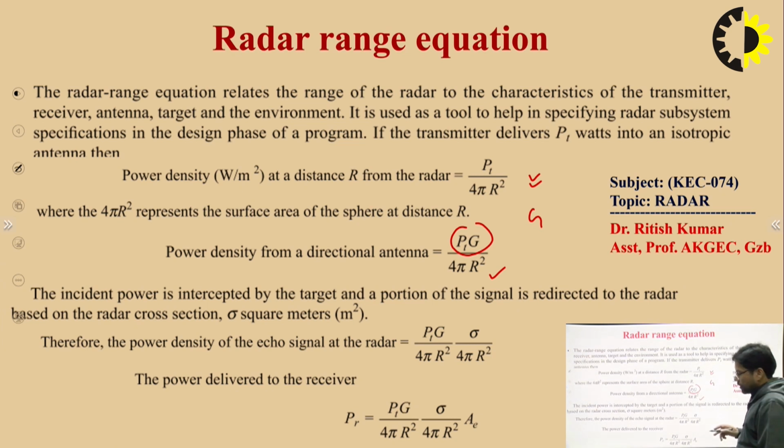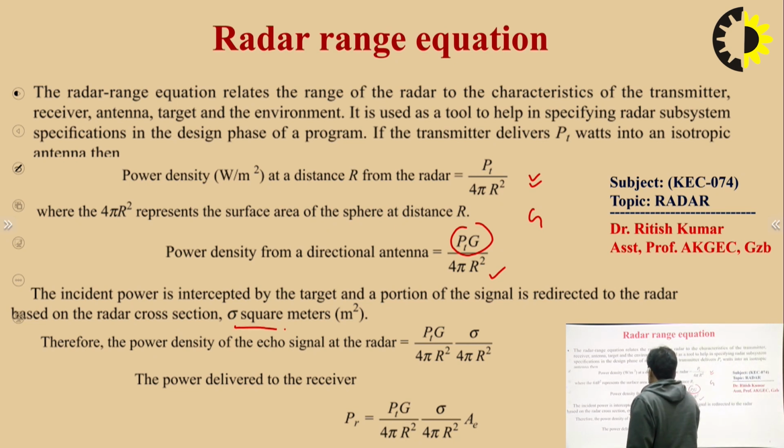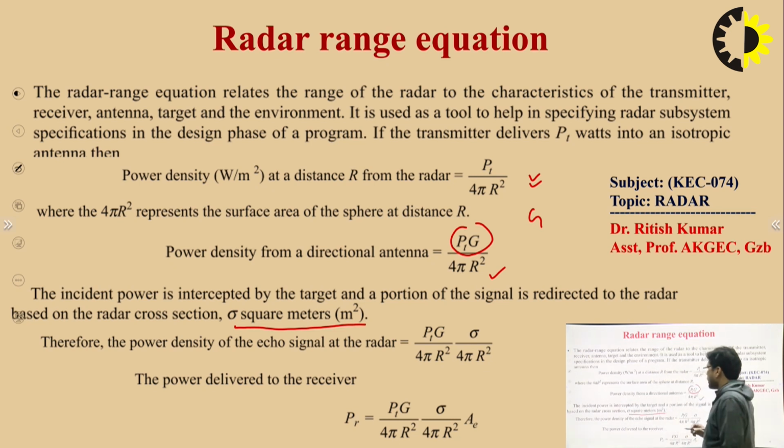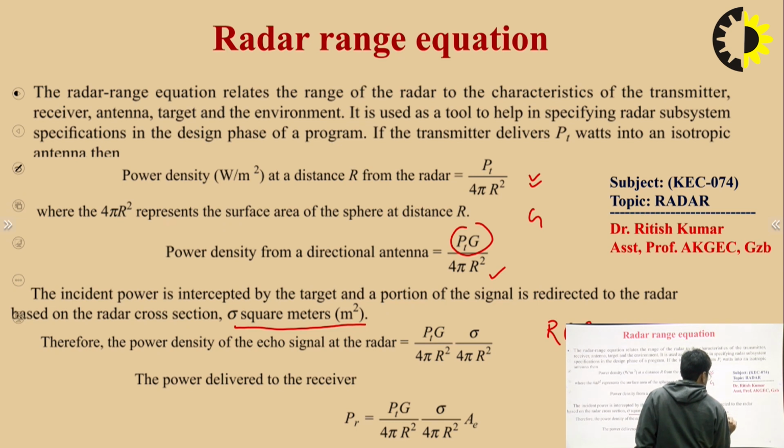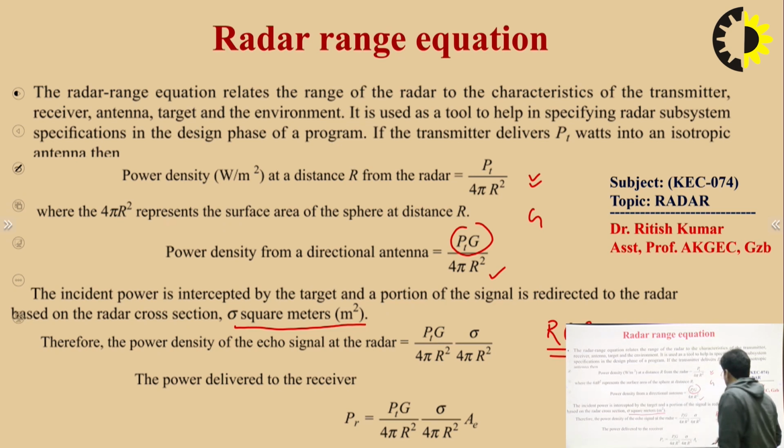Now if the radio waves generated from the antenna strike some target, and the target has some area equal to sigma, this area is also known as radar cross section area, RCS. So how much power is reflected from the target?